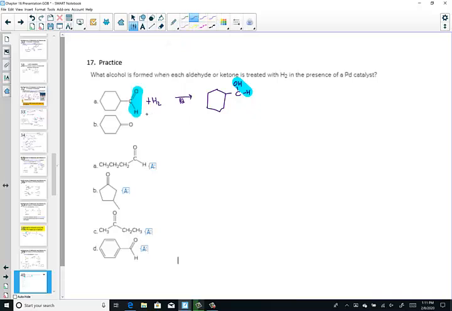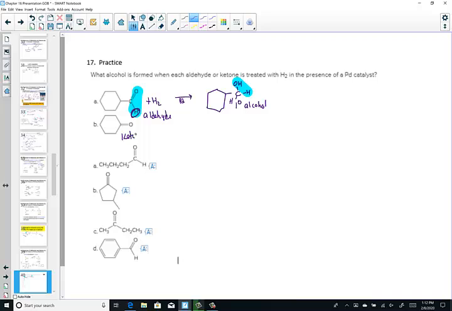And so let's just write that. Here's the aldehyde, and here's your primary alcohol. So that fourth bond, that hydrogen was still there. We added one more to complete its octet.